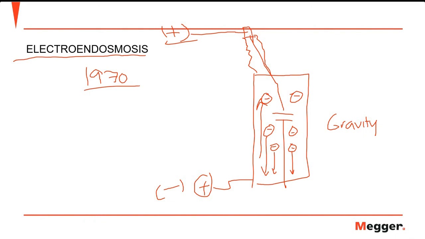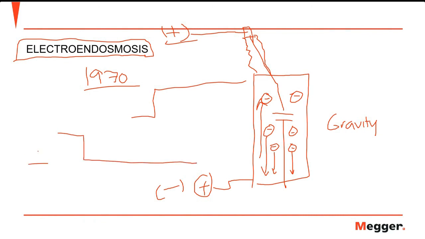You can search the meaning of this; it is the phenomenon called electroendosmosis. Because of that, we connect the negative to the high voltage side, and the Megger is injecting voltage at the negative side.